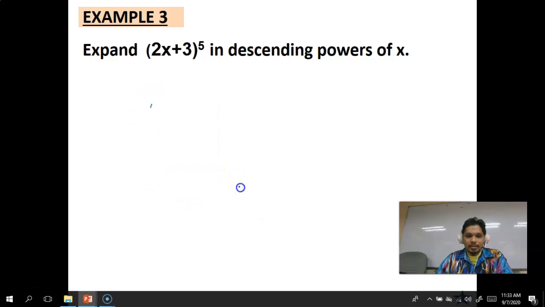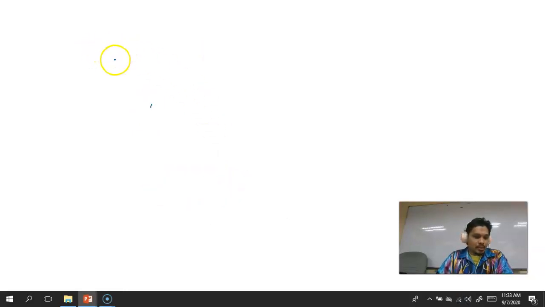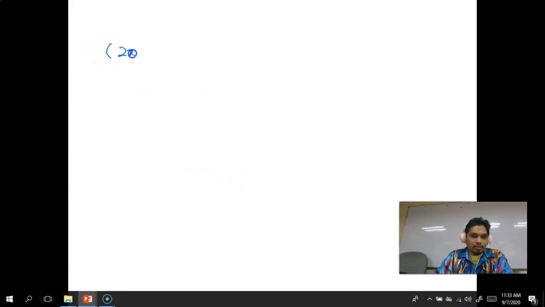Okay, so right here now we got (2x + 3) to the power of 5. The whole of 2x to the power of 5 and 3 to the power of 0.